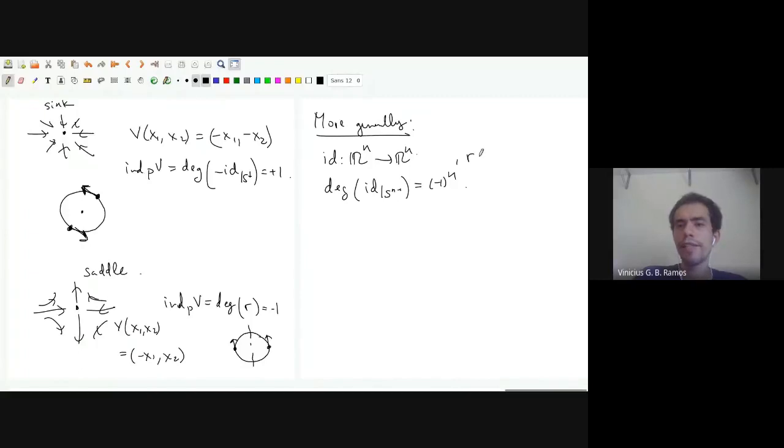If you take the reflection, which just changes one sign, x1 to xn goes to minus x1, x2, ..., xn, the degree of the reflection is minus 1. This is actually a very simple calculation. You just take the bases and you see what happens. But with minus identity.